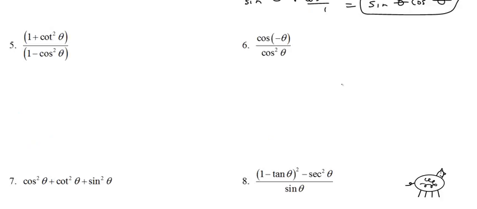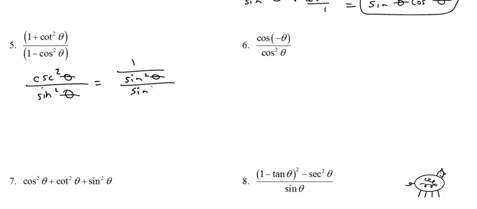Number 5, same idea. 1 plus cotangent squared of theta is cosecant squared of theta. 1 minus cosine squared is sine squared of theta. So let's write it out. 1 over sine squared of theta over sine squared of theta. Now it's really tempting to say that's equal to 1, but it's not.